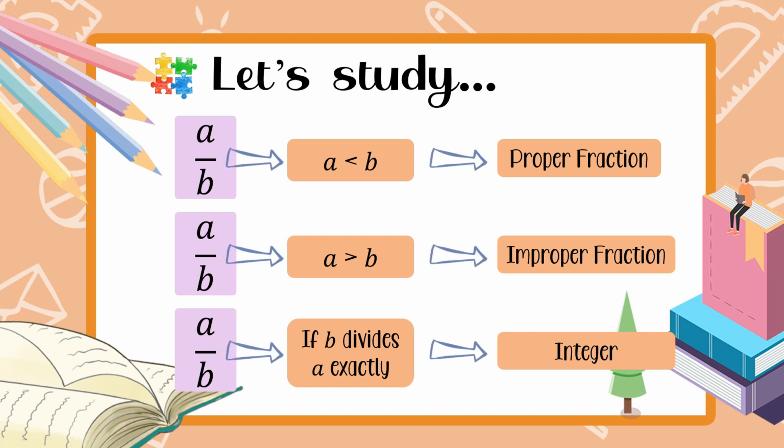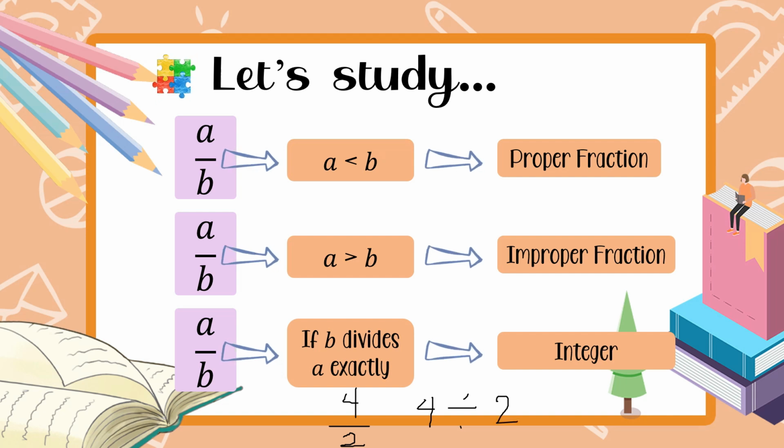So, if you have 4 over 2, that simply means 4 divided by 2. We can simply divide 4 and 2, and the answer will be 2. So that is an integer. Okay po?